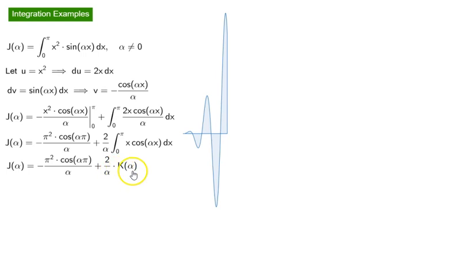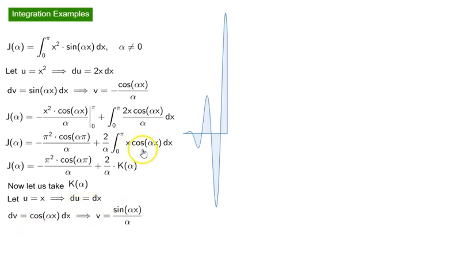Now, let's take this definite integral as K of alpha. Again we do substitution to integrate this. So u equals x, which implies du equals dx. That means dv equals cos alpha x dx, which implies v equals sine alpha x by alpha.